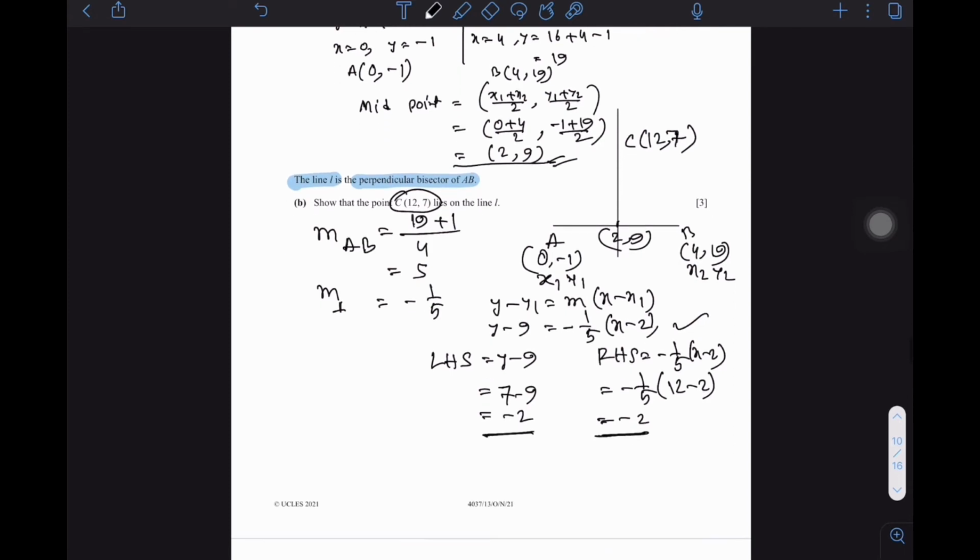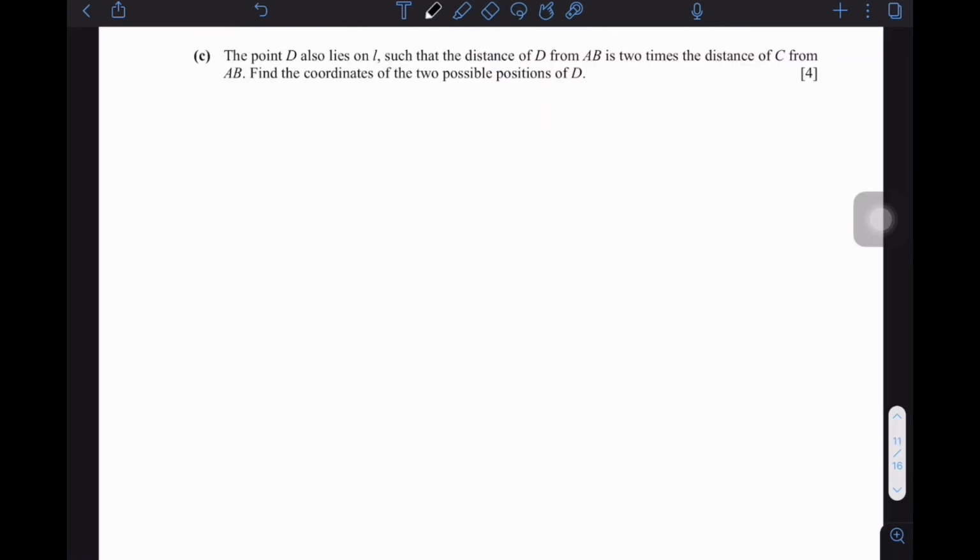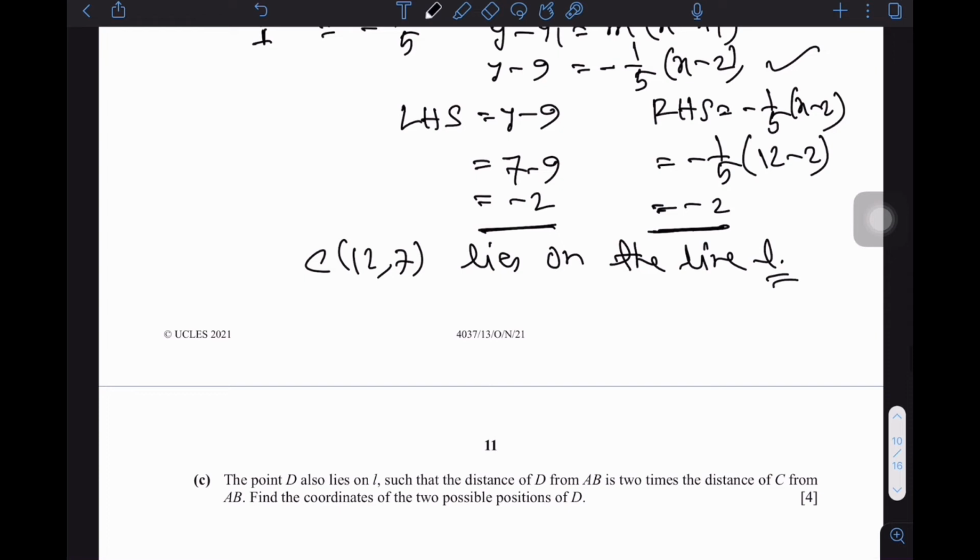so (12, 7) lies on the line L1. Equation of the line L is y minus 9 equals minus 1 by 5 times (x minus 2).